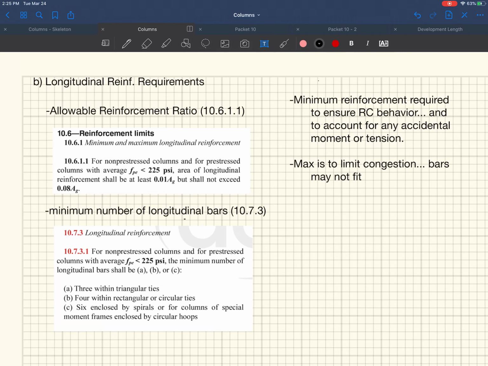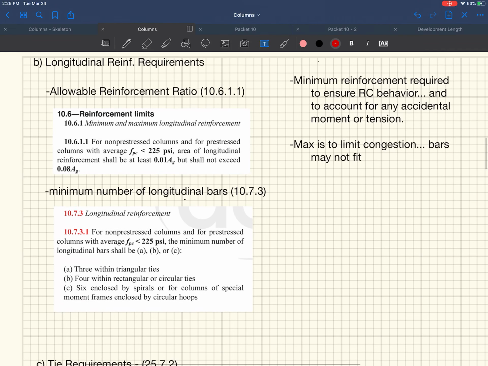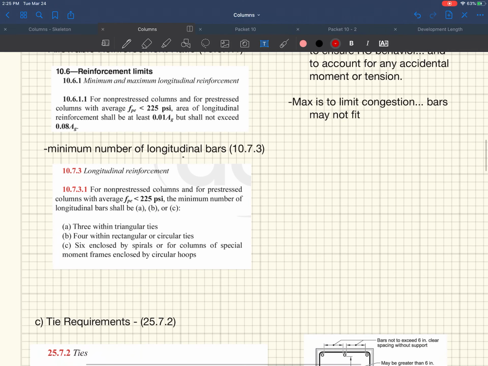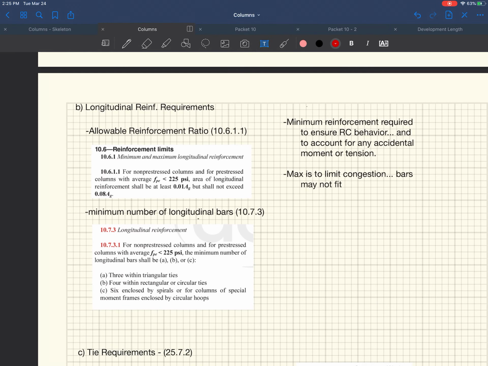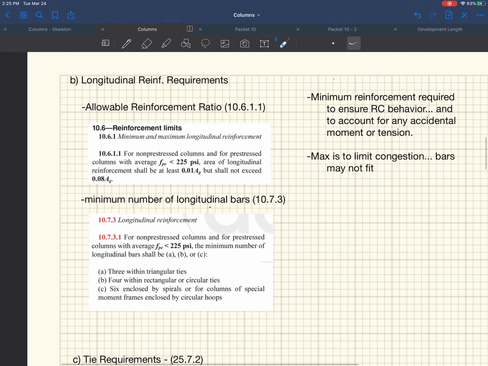If we haven't talked about what those limits are, here the limits are in 10.6, reinforcement limits: the maximum and the minimum longitudinal reinforcement. So this is the longitudinal reinforcement, by the way. There's a minimum amount of longitudinal reinforcement you have to include.